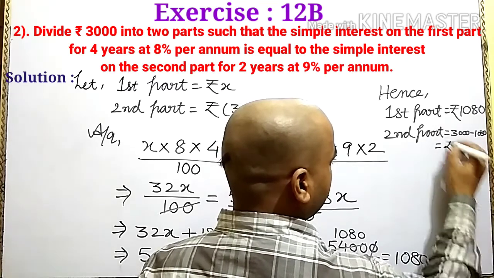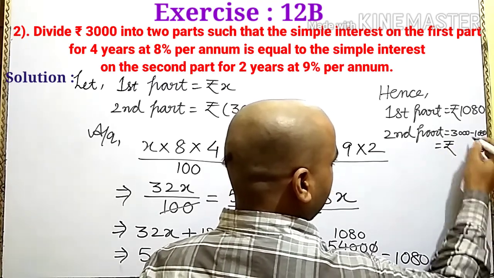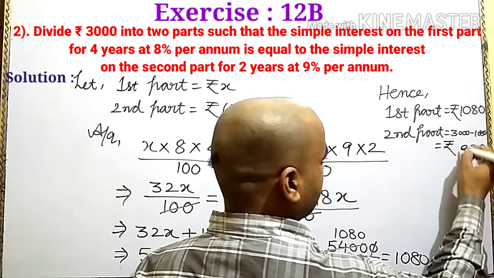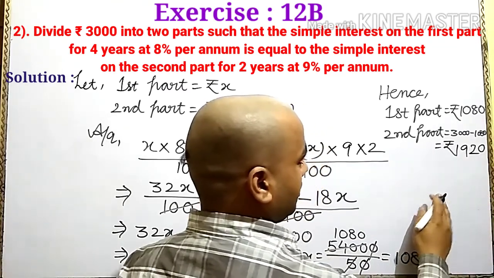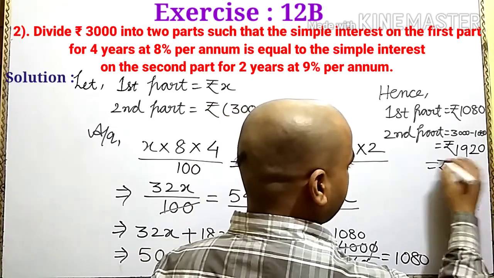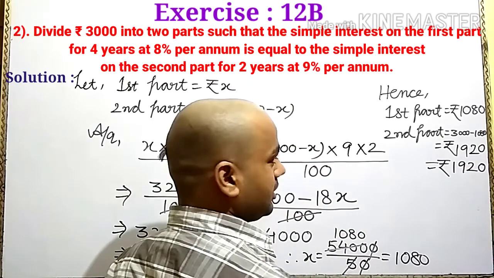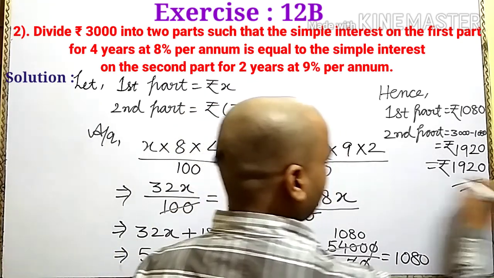We get 0 minus 0, 10 minus 8, 2, 9 minus 0, 9, 2 minus 1, 1. Means we get 1920. Is it clear? This is your required answer.